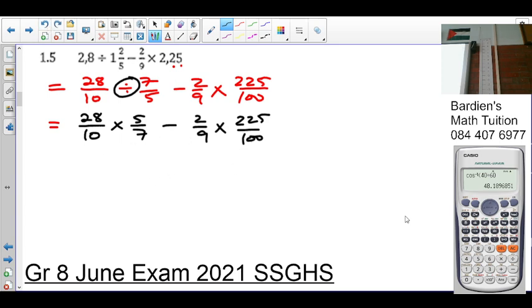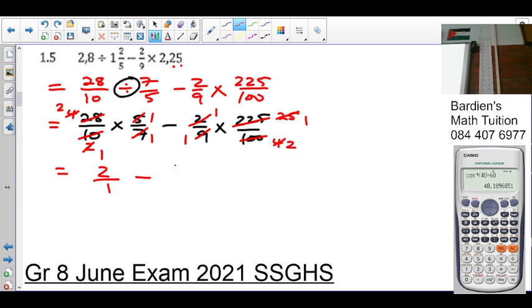So 7 goes into 7 once, 7 going into 28 4 times, 5 going into 5 once, 5 going into 10 twice, 2 going into 2 once, 2 going into 4 twice. So it's 2 over 1 minus 9 going into 9 once, 9 going into 225 25 times. 25 goes into itself once, into 100 4 times, 2 going into 2 once, 2 going into 4 twice.